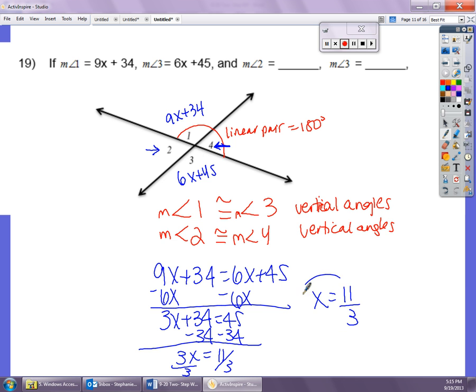So x is equal to 11 over 3. Please do not put on your paper 3.66666 because I will just take points off.